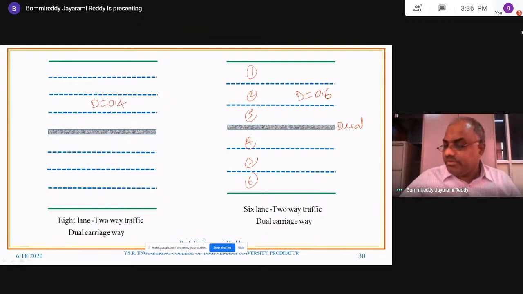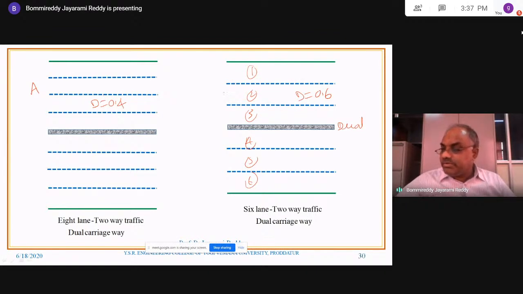That means, what are we considering? That four lanes are there, and we are going to calculate the total traffic A. What is the traffic in each lane considered? 0.4 times A, so 0.4 A, 0.4 A, 0.4 A, 0.4 A. How much is it totally? 1.6. So that's why the lane distribution factor for more number of lanes will always be less.